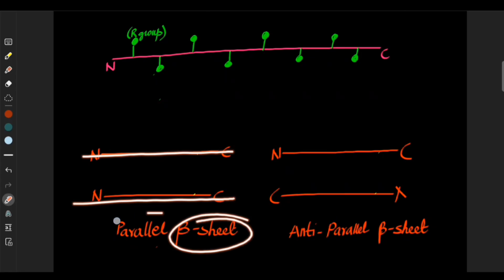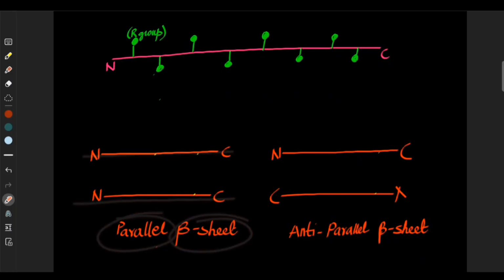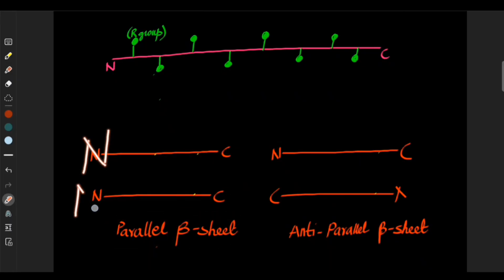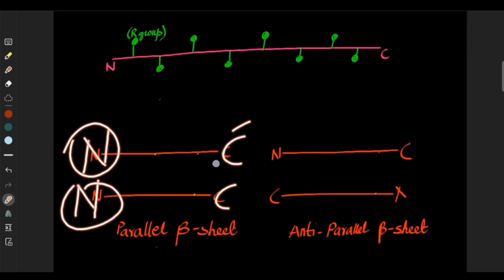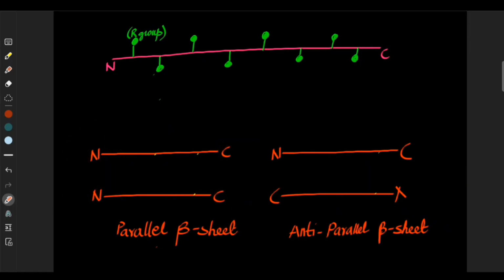The reason I call it parallel is because both strands have the same terminal: N terminal, N terminal, C terminal, C terminal. Why am I calling the other one anti-parallel? Because one side has N and the other side has N, right? This is N. The other side has N, and then on the other side we have C, and then we have C on the other side. So this is the anti-parallel.